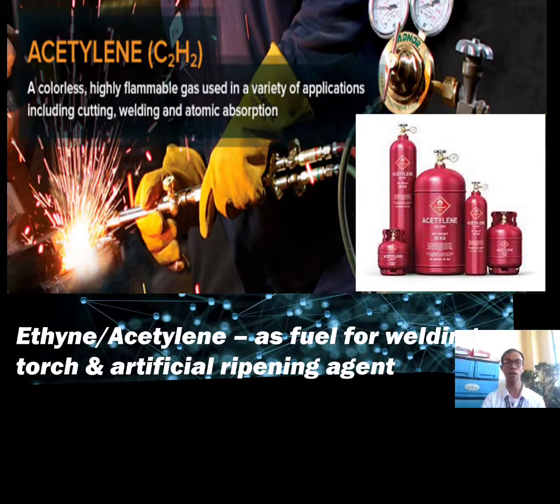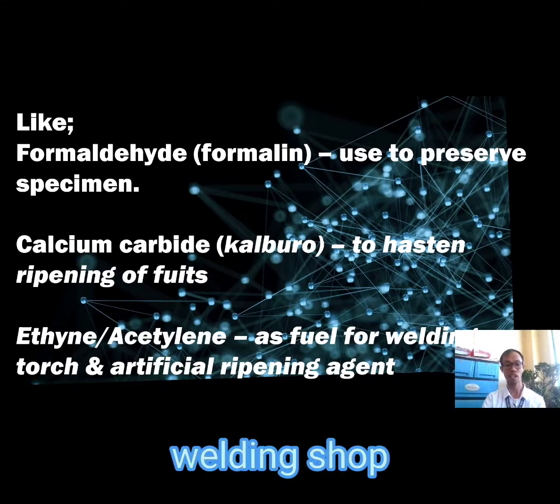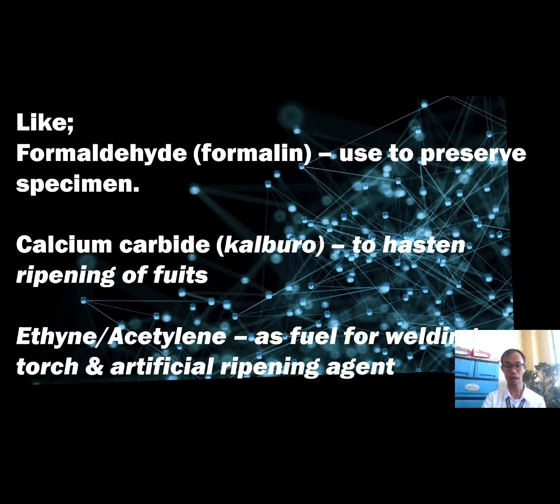Actually, acetylene is also used as an artificial ripening agent, but we usually see this in our community as a fuel for welding torch. If you happen to go to the shop, you notice that there is a welding torch there. That's actually acetylene.